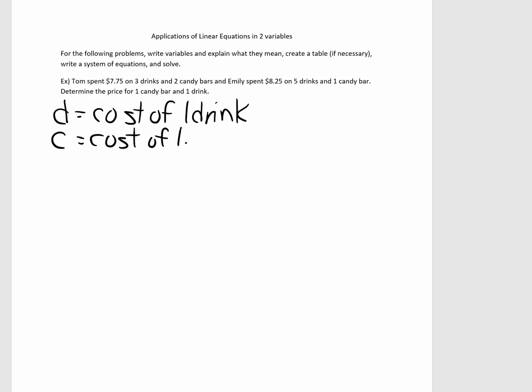First thing we need to do is to determine what the price of 1 candy bar and 1 drink are. Those are our unknowns. So, let D equal the cost of 1 drink, and C the cost of 1 candy bar. Now, let's take a look at each person.